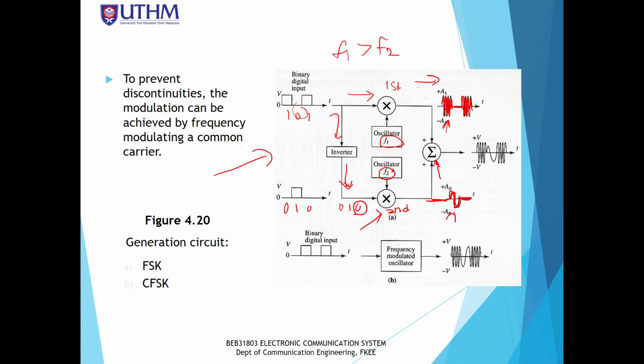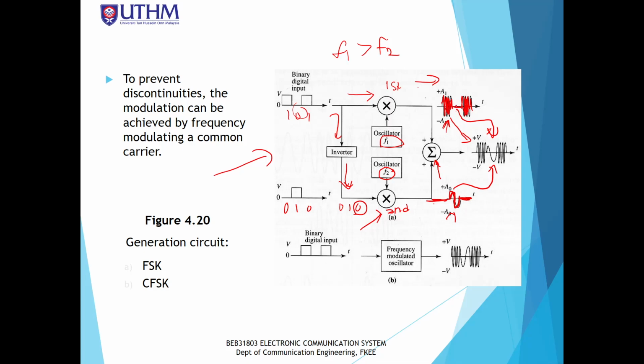the addition process. So you see that above and below we are going to do the addition process. For the first bit time, it will follow the first output of the modulator. For the second bit time, you see that the above modulator produces 0, the above modulator is off, whereas for the second bit, the second modulator is switched on.